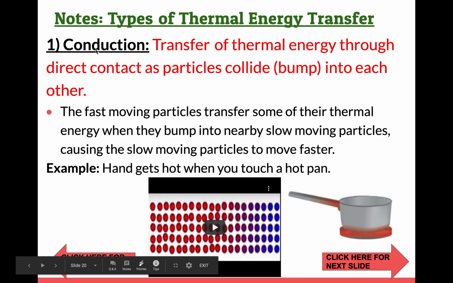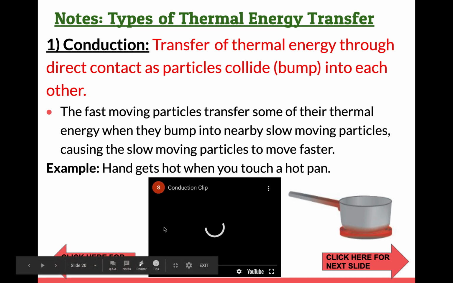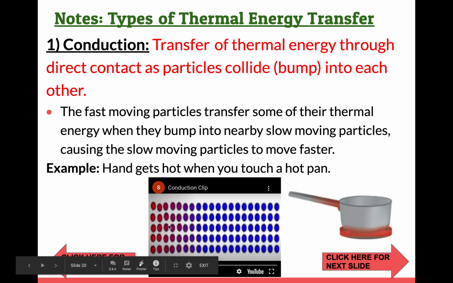So very important, conduction is the transfer of thermal energy through direct contact as the particles bump into each other. They must be in contact with each other. They have to be touching. So let's play it one more time. These particles are transferring thermal energy as they bump into the neighboring particles, and that's what makes all of them start to move faster.